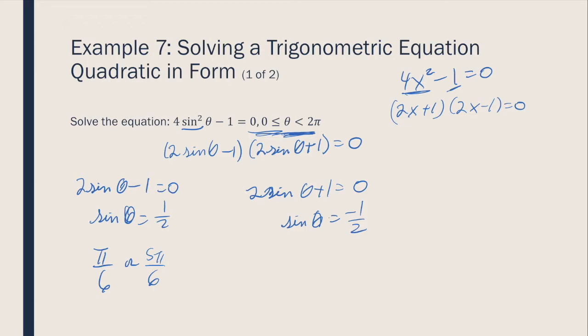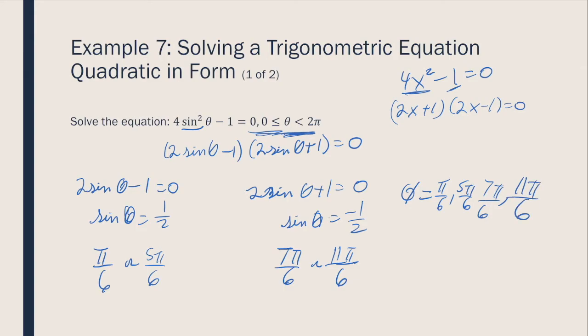Well, sorry, that's going to be at 7 pi over 6, or, staring at my unit circle, 11 pi over 6. So our solution set is theta equals pi over 6, 5 pi over 6, 7 pi over 6, and 11 pi over 6.